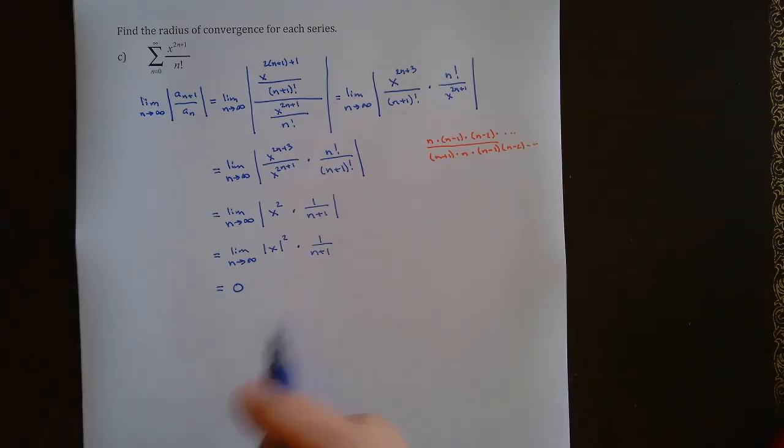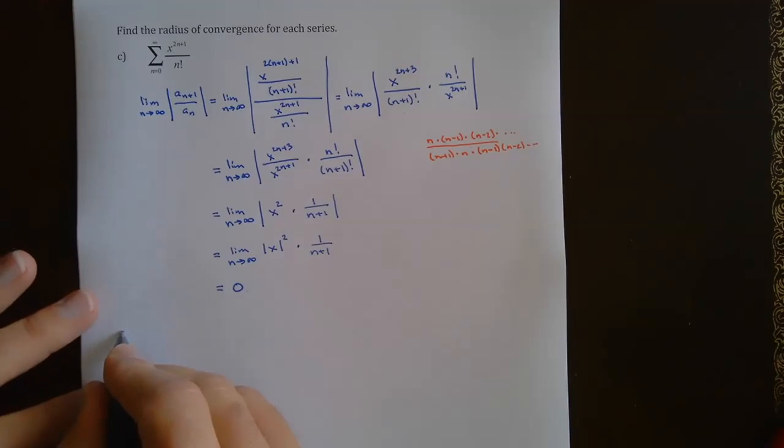But for what x is, I didn't pick up x's this time, right? So we can't say x is less than 1 or something like that, all right? What this means, because we got a value here that's less than 1, it's going to converge for all x's. So it's not dependent on a certain interval of x's. It's all x's this is going to converge to, okay?